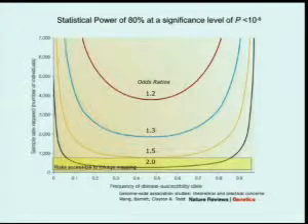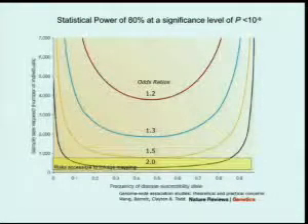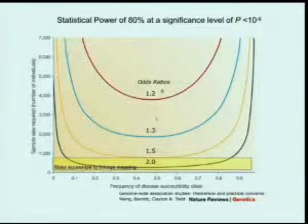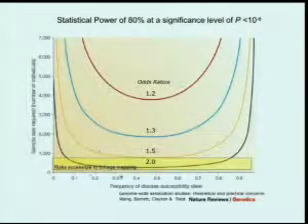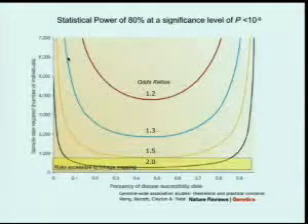So the statistical power of 80% at a p-value of 10 to the minus 6, you can see for an odds ratio of, let's say, 1.3, for a minor allele frequency here of 0.1, this is 10%, 20%, you can see as you increase the number of subjects, you have a much increased likelihood of finding an important variant.